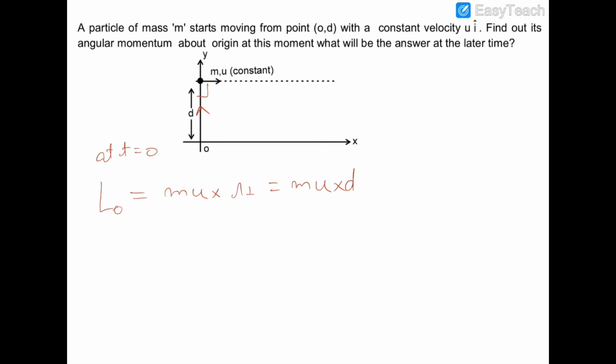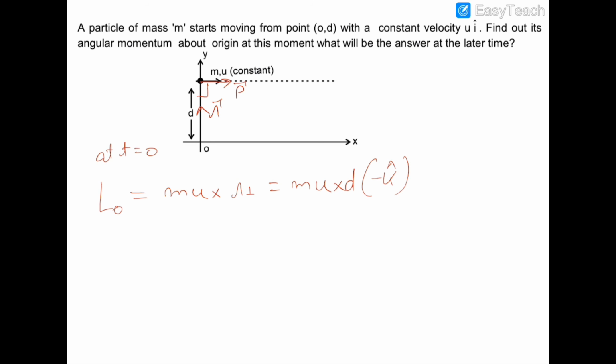The direction of angular momentum can be calculated by r cross p. If this is r and this is p, you can curl the fingers of your right hand from r towards p like that. So it would be curling in clockwise sense, and the thumb would be pointing in the downward direction. So the direction of angular momentum would be minus k cap. Okay.